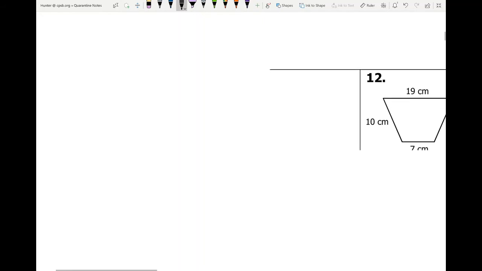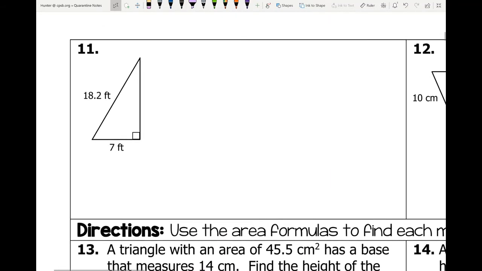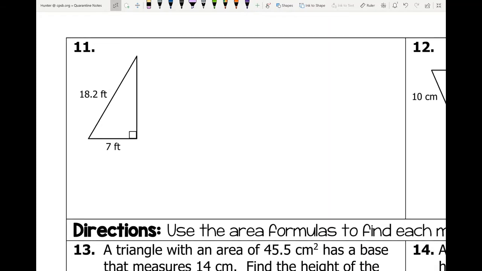On the back, on the next page, all right, we have a triangle. So I'm going to say my base is 7 feet. But I don't have a dotted line in here.